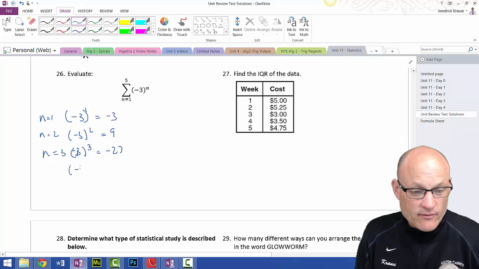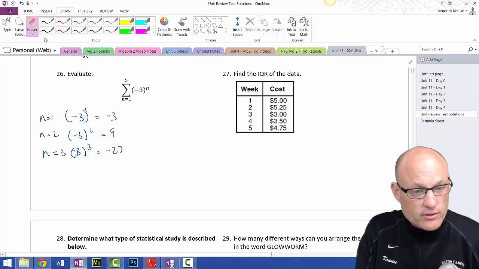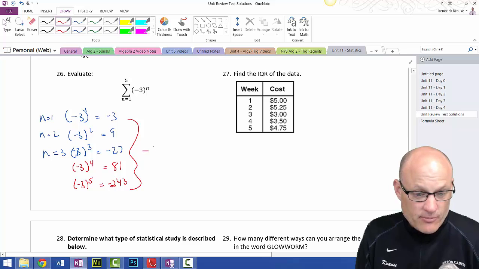Negative 3 to the 4th is positive 81. And negative 3 to the 5th is negative 243. If I took the time to add those, I believe they add up to negative 183.